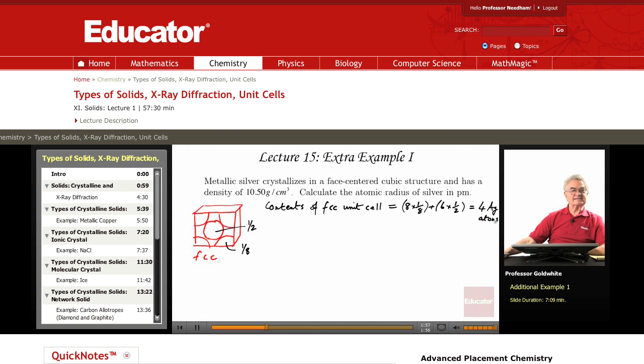Now we're given the density of silver. The density of silver is 10.50 grams per centimeter cubed, but that density is also the mass of the unit cell content divided by the volume of the unit cell.